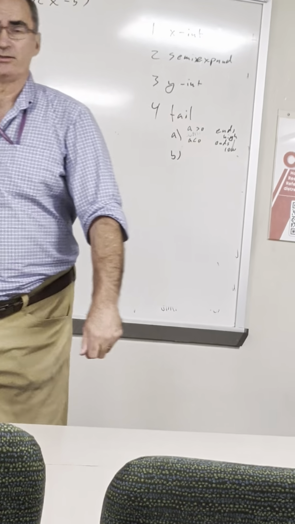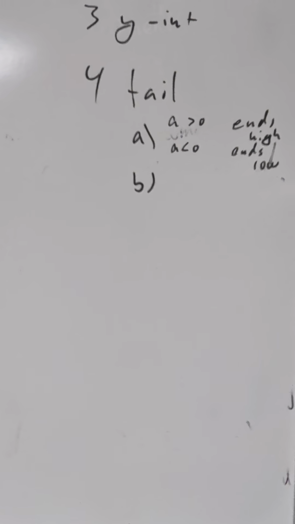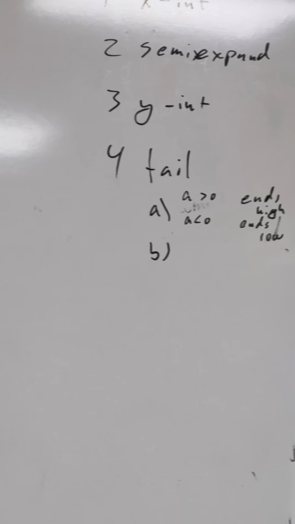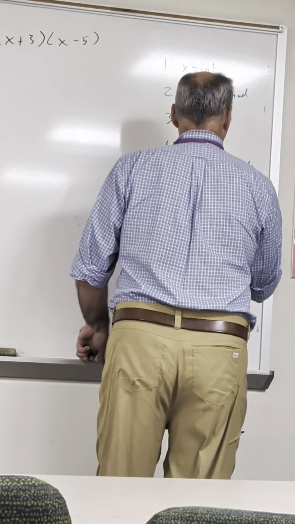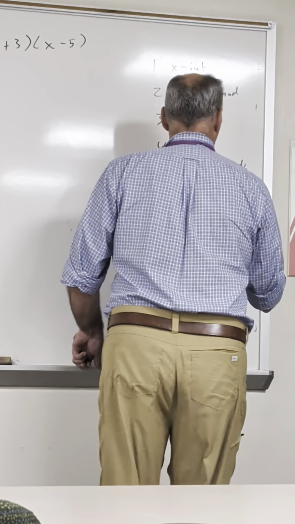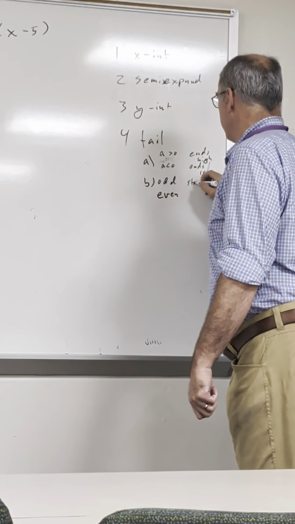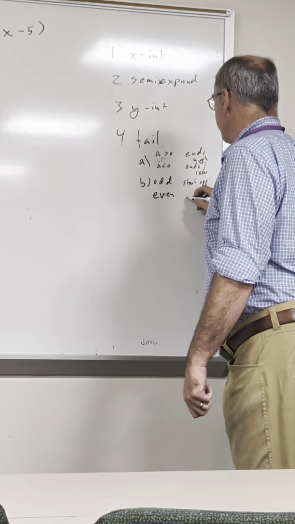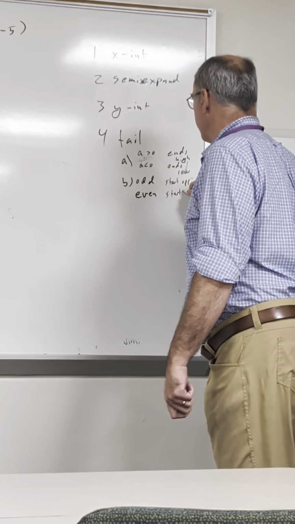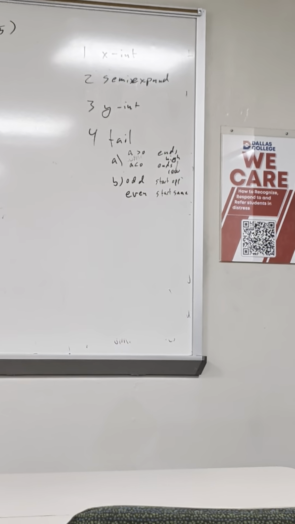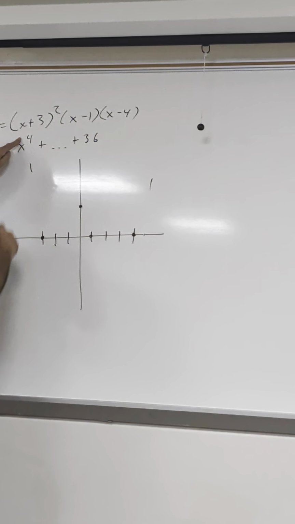This is a situation where a is positive, so I know that it ends high. The second, where it begins, you look at odd, even. If it's odd, then it's going to start opposite. If it's even, it's going to start the same. Even number, ends high, starts the same, starts high.